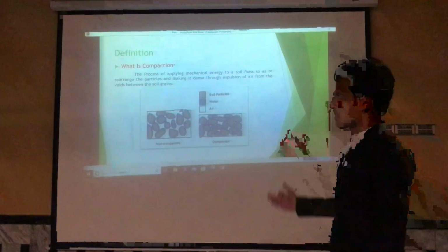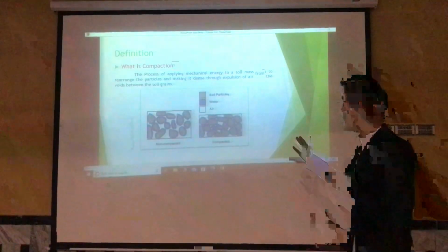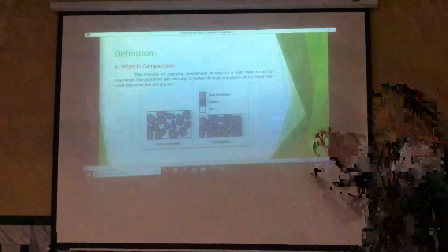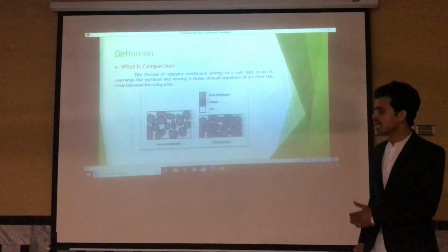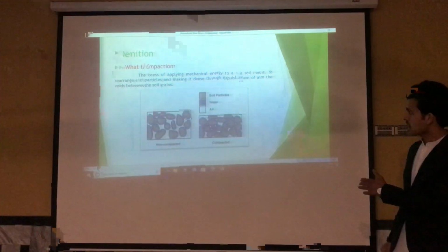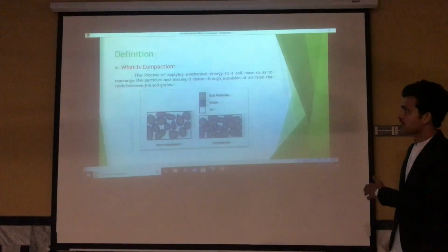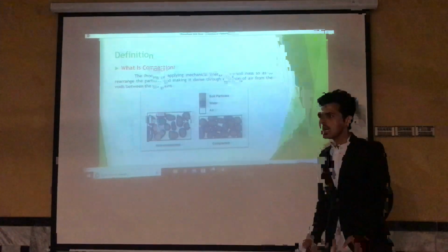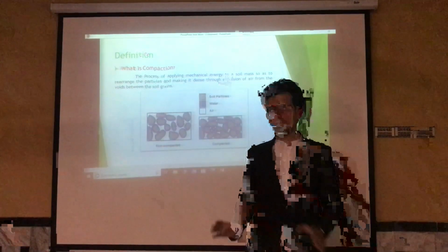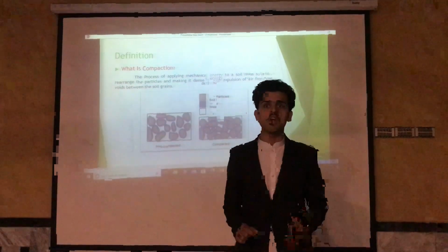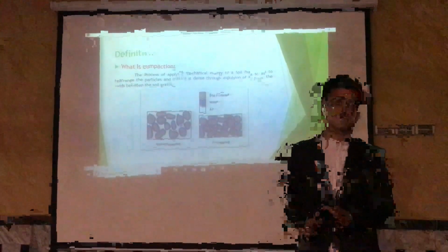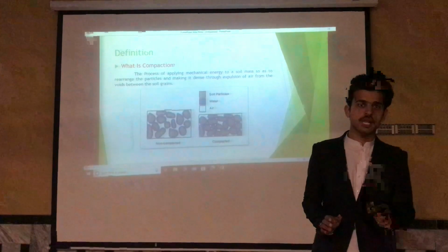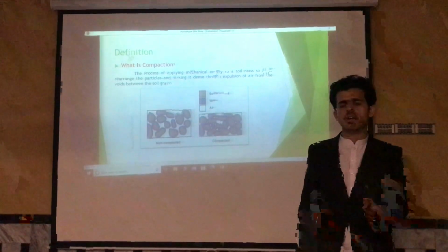What is compaction? The process of applying mechanical energy to a soil mass so as to rearrange the particles and make it dense through the exclusion of air from the voids between the soil grains. In the process of compaction, we have to remove air, not water or anything else.